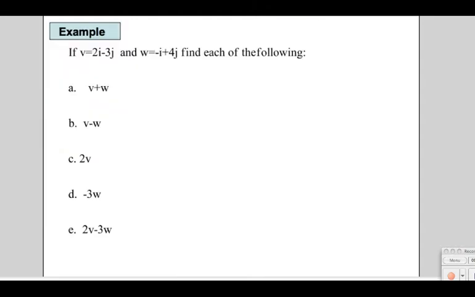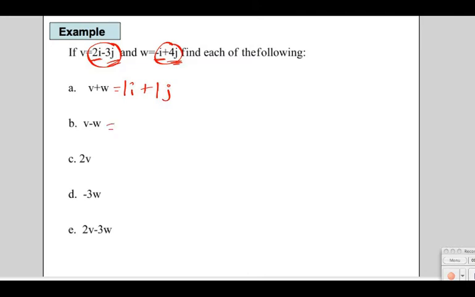So if I have vector v and vector w, I'm going to find v plus w. All I do is I'm going to add these two vectors together, and you literally add like terms. So I'm looking for 2 plus negative 1, and I get 1i. Negative 3 plus 4, 1j. That's the resultant vector when I add those two together. v minus w.